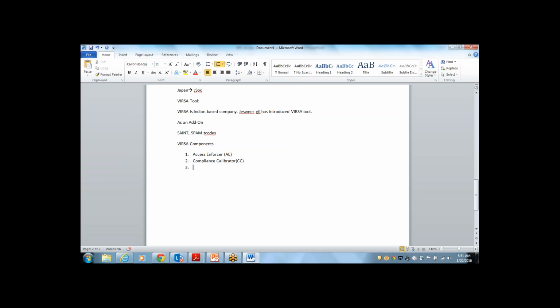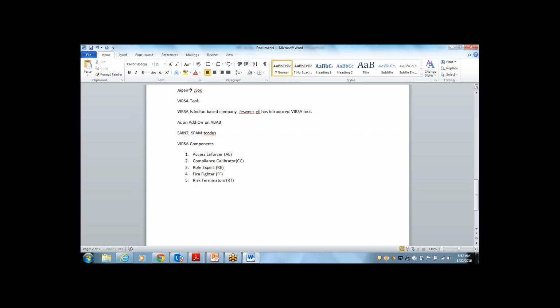Number three is Role Expert, RE, and number four is Firefighter. They introduced these components in the beginning, and of course GRC is still following the same concept. And of course we have one more component, that is Risk Terminator. So these were the five components introduced in the Virsa tool, and this is purely an ABAP stack, right?